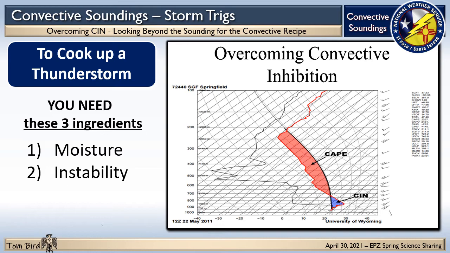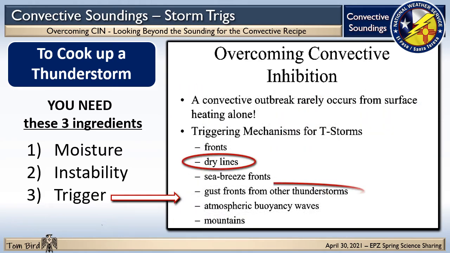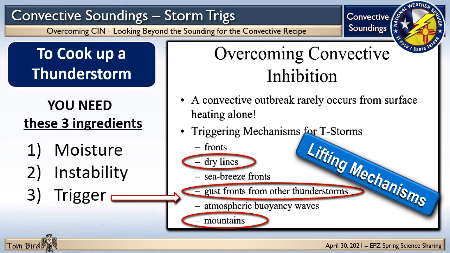Those are really the two ingredients you need for a thunderstorm, but the third thing that you need to initiate a thunderstorm is a trigger. And so with the triggers around here, you typically don't get a lot of thunderstorm activity just by heating the surface of the earth. You need something else to force that, to trigger, initiate that upward motion.